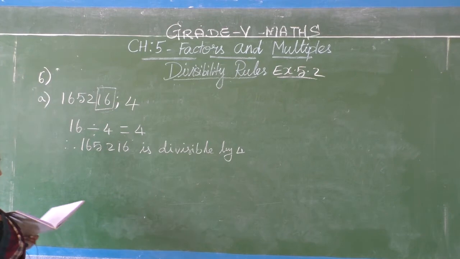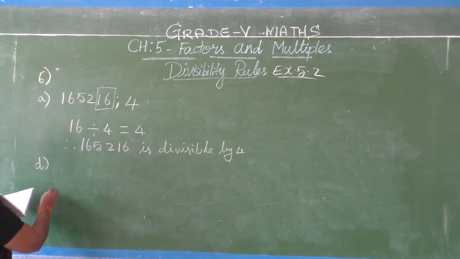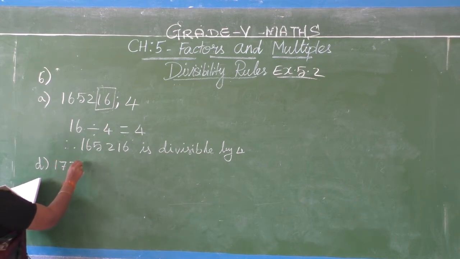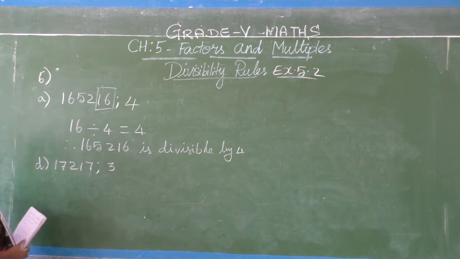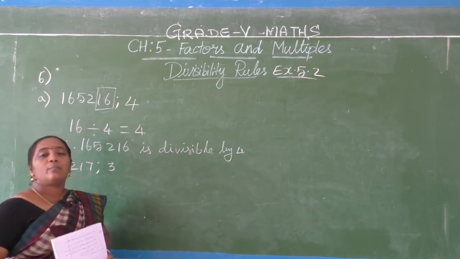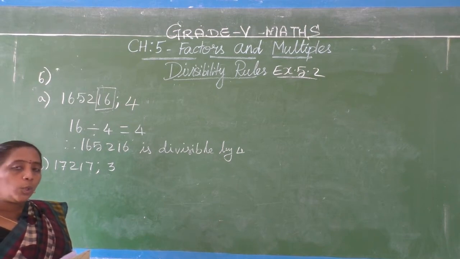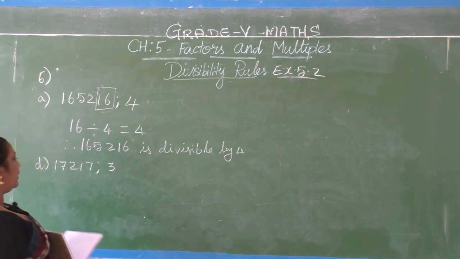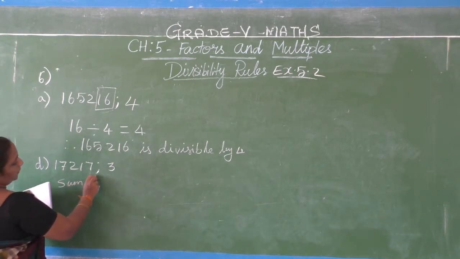Okay, right. Then in the same problem, D1, 17,217 by 3. So what is the rule for 3? If the sum of the digits is divisible by 3, then the whole number will be divisible by 3. First we have to find the sum of the digits.